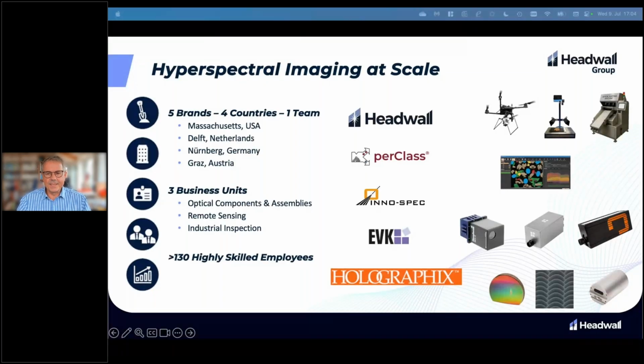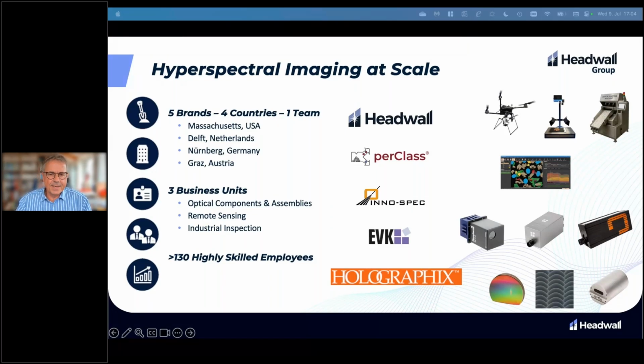Headwall actually is meanwhile a group of 5 companies. Headwall was formed in 2003. We are headquartered just outside Boston, Massachusetts in the USA. And very close to us is Holographics, which joined us about 2.5 years ago. In addition to that, we have 3 subsidiaries in Europe.